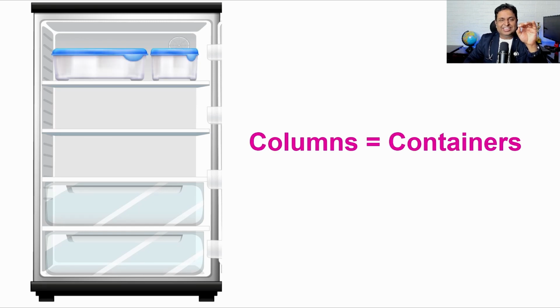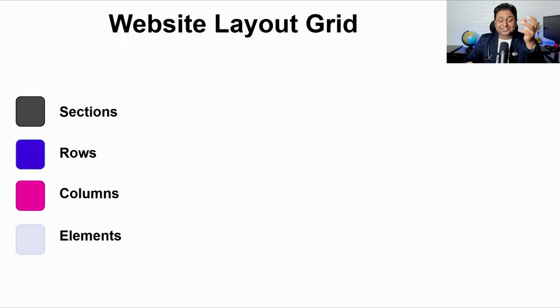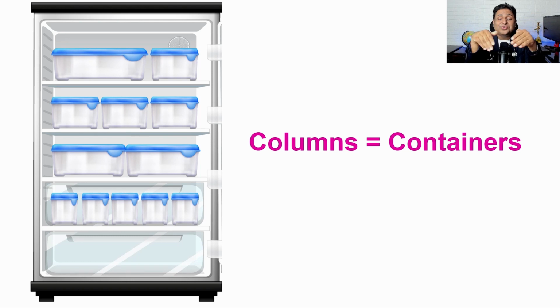This is how you can keep the columns. So inside the rows, you can have one big column or a small column, that is a small container, a big container, or multiple containers, or two containers, or again so many containers. This is how you structure your website with containers.